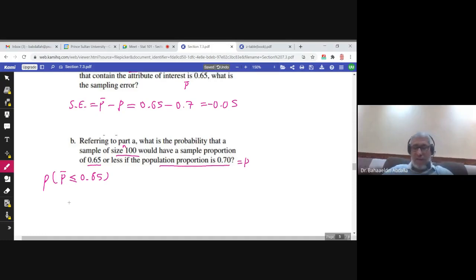So again, the distribution of P bar is normal, so you need to change this to Z. So it is 0.65, you subtract from P, which is 0.7, and you divide by square root of P, which is 0.7. You multiply by Q, which is 1 minus 0.7, which is 0.3, and you divide by the sample size, which is 100. You change this to Z, and then you find the probability.